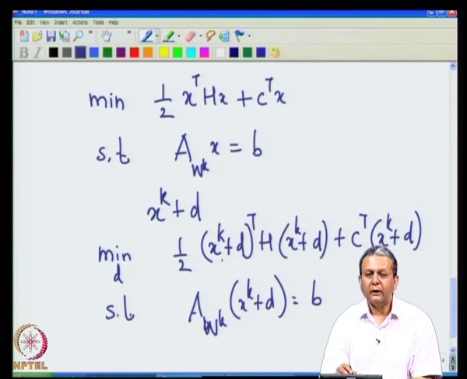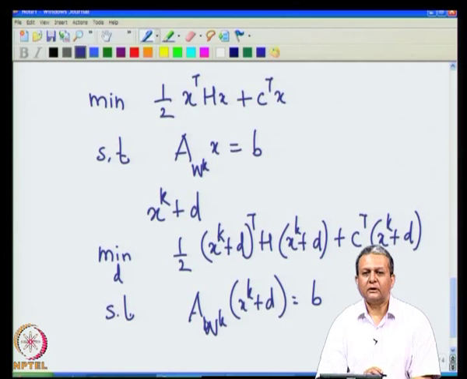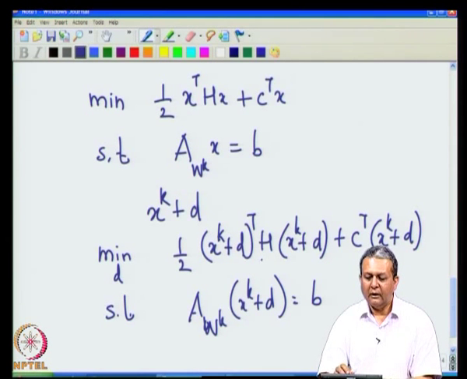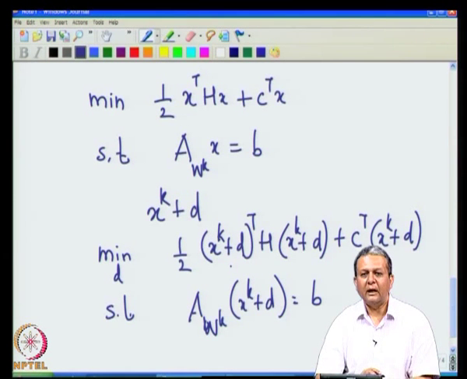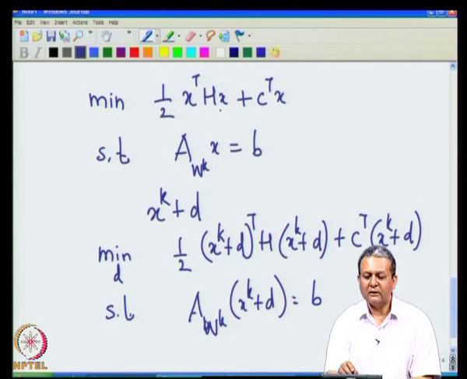Xk is constant. So, if we take the constant terms away from this objective function, what we are left with is half d transpose H d plus c transpose d plus H xk transpose d. Now, H xk transpose d plus c transpose d is combined to write that function in terms of the gradient, because the gradient of this function is Hx plus c. So, the gradient at xk is H xk plus c.